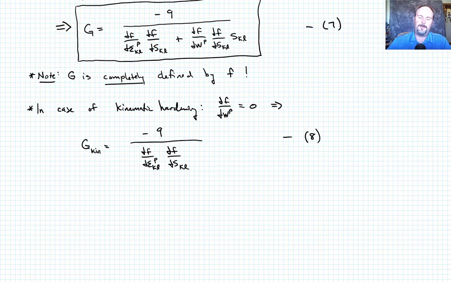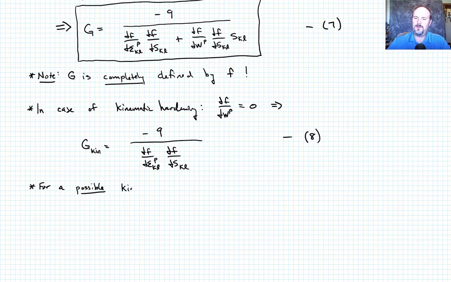So again, if we could write that down, that would be a straightforward thing to do. If we could write down F. And I'll also say that we have to come up with something. There's no one way to define the yield function in combined isotropic and kinematic hardening, but I'll just give you one possible example. You can use it, but it's not the only thing that you could use.